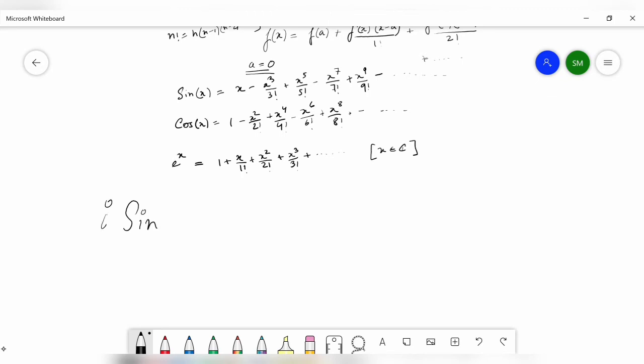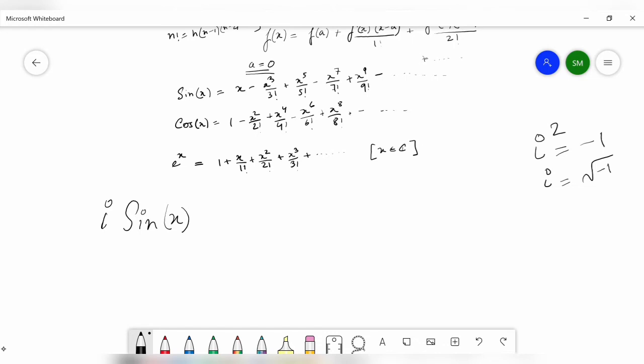I times sin x. So if I multiply every term of sin x with i, and what is i? i is basically the unit of complex numbers, right? So i squared is equal to minus 1. So i is written as root over minus 1, which is the basics of complex numbers, the unit of the complex portion of any number.